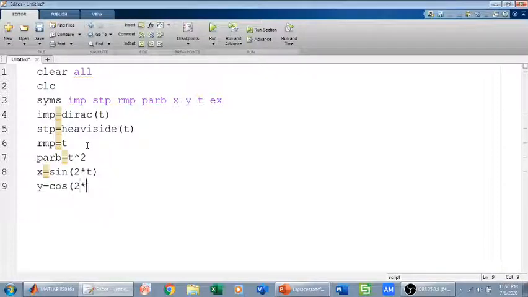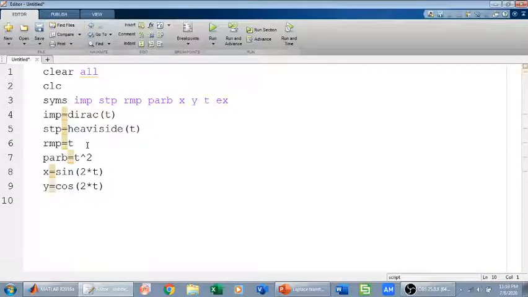We want to take the Laplace transform of all these functions, which I will do in a moment. And then we have the exponential signal. For example, exp of minus 3 star t. So exponential of minus 3t. So now I have defined all these functions.